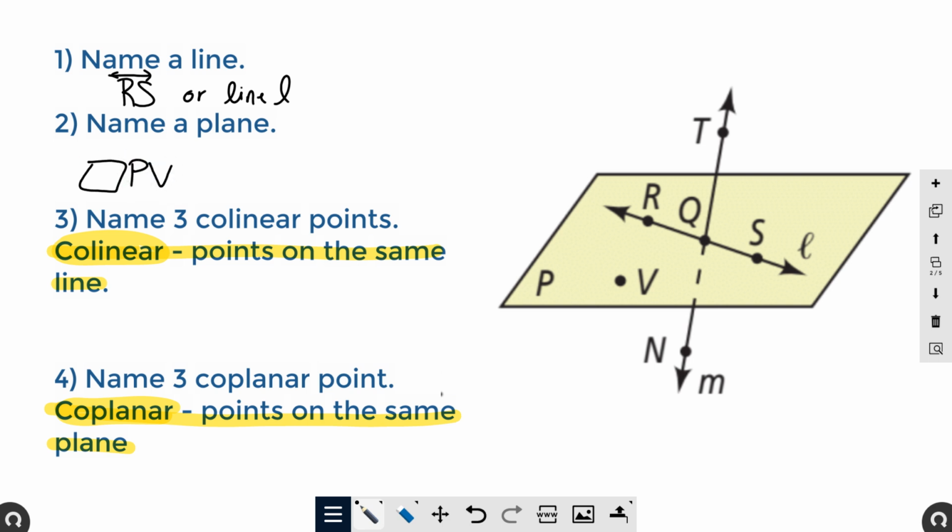Plane P, V. Now, the L is a cursive lowercase, so it's got to be a dot. Uppercase, not cursive. So P, V, or it can be on the line. R. PVR could work. So it's any 3 dots that are anywhere on that plane. So it looks like this line is resting on that plane, so any 3 letters could work.